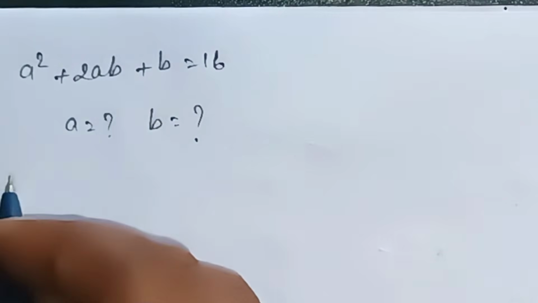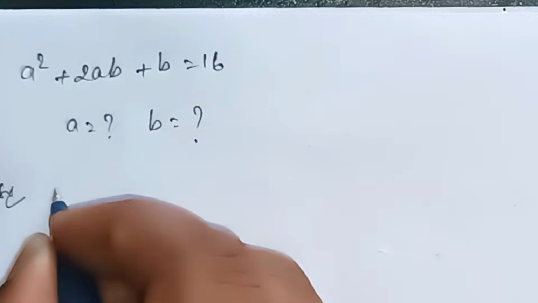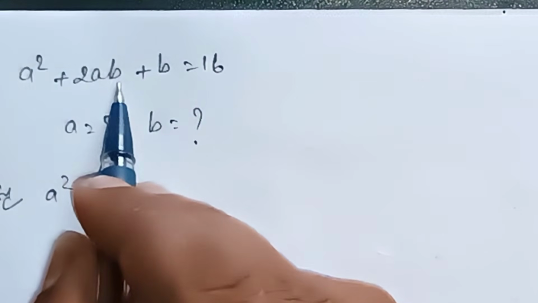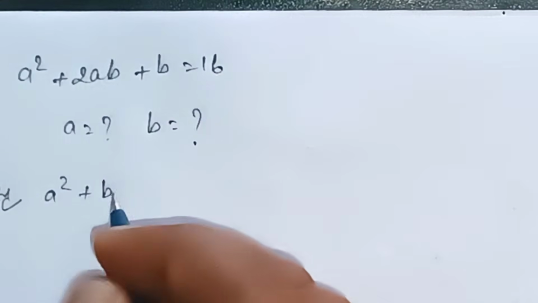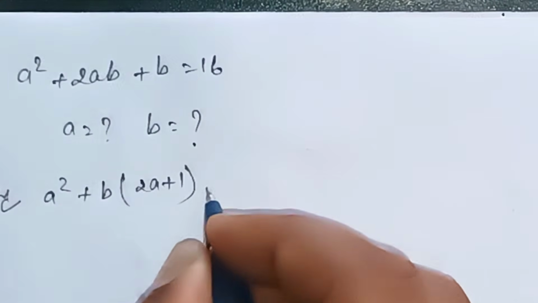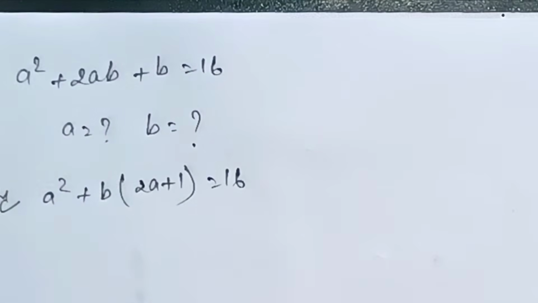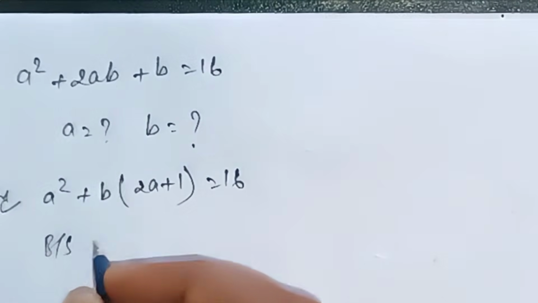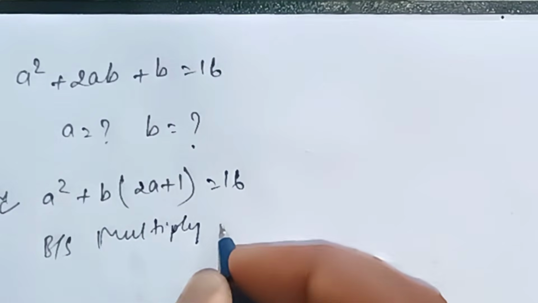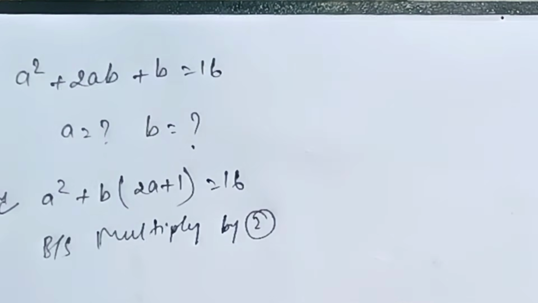Let's start the solution. a squared plus b, here 2ab plus b. So here take common b, left with 2a plus 1 in brackets, is equal to 16. After that, multiply both sides by 2.